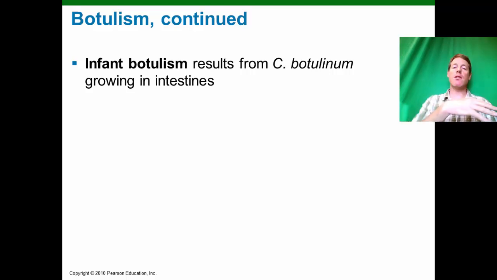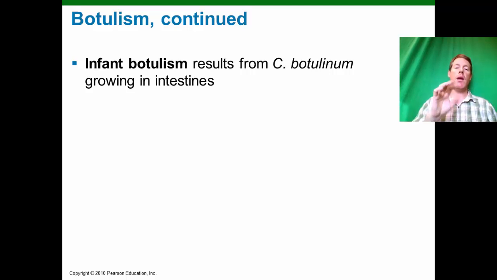Now, think back to the discussion we had previously in our last lecture. Why do babies have problems with certain diseases that adults don't have problems with? Well, in a lot of cases, it's because those babies lack the full complement of normal microbiota. Remember that in the gut, your normal microbiota help to fight off infections. Well, this is one example.